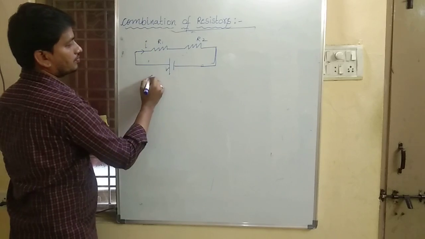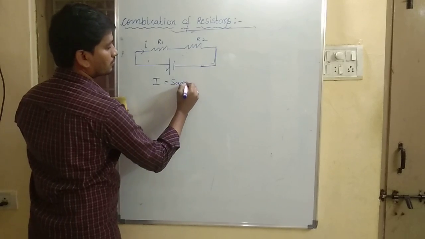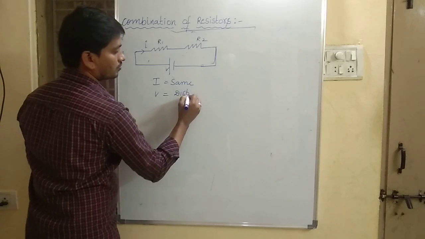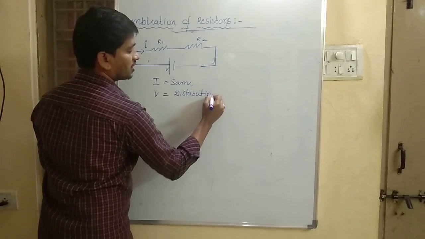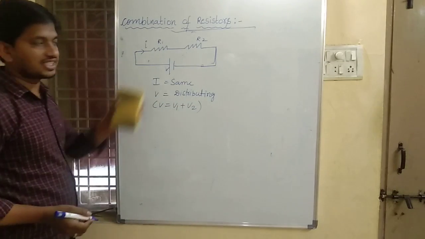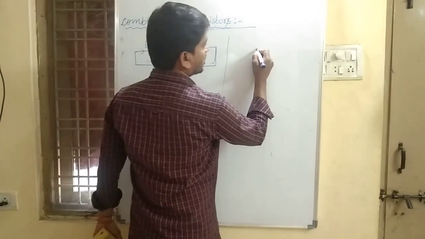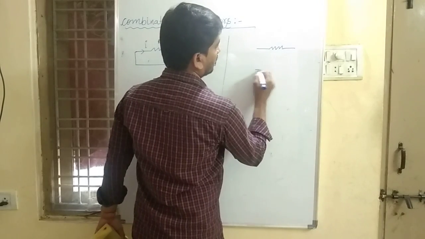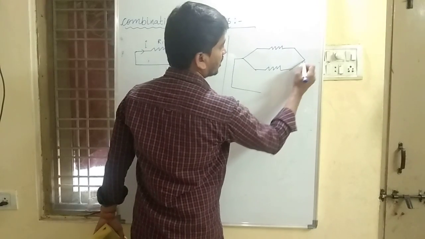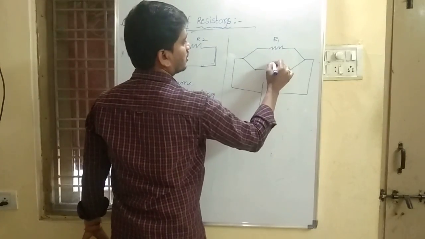Here the current I is the same, but V is distributing. I mean V equal to V1 plus V2 in series connection. But what about parallel connection? Resistors are connected between the same points. So this is our resistor R1, resistor R2.